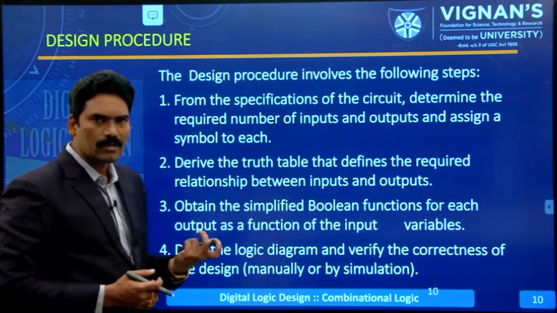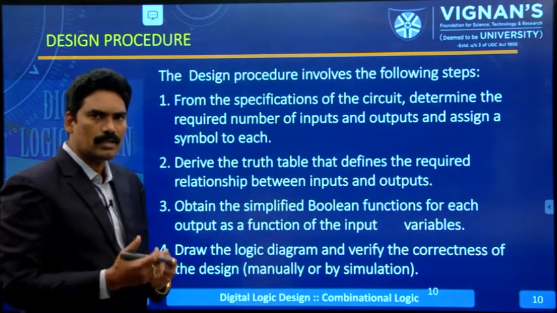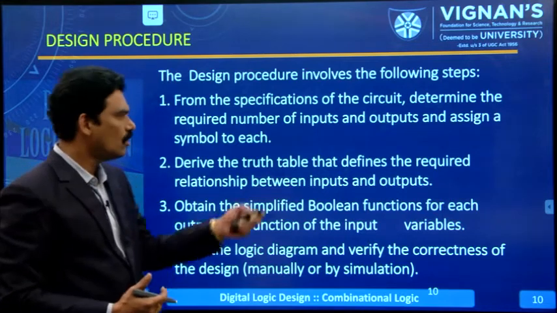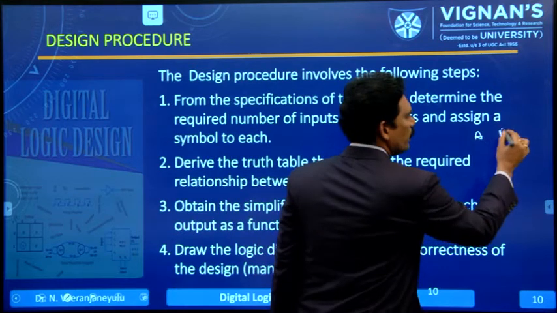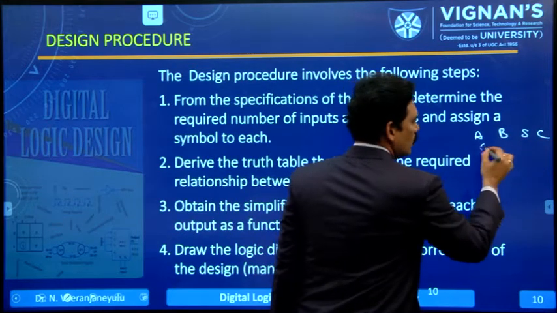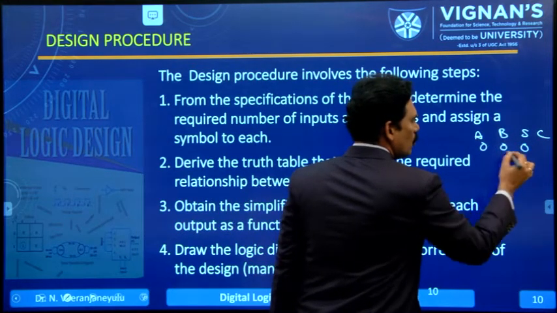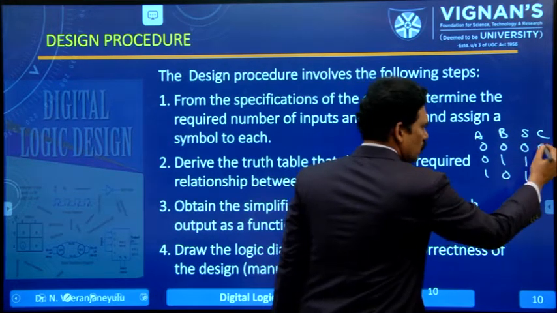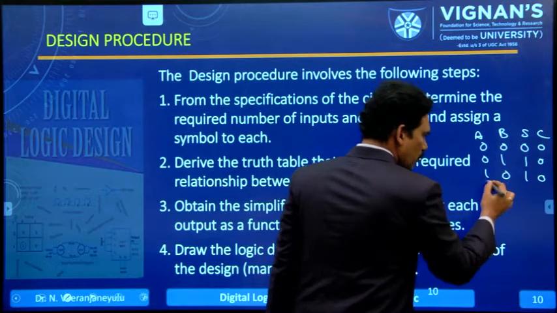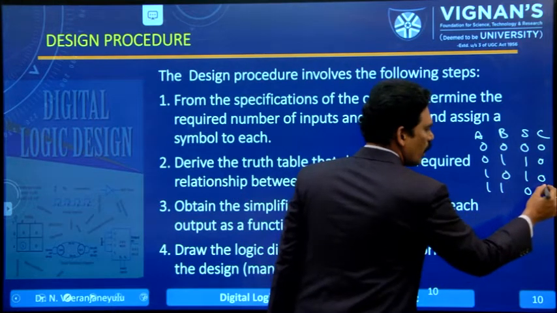For the half adder we have AB and SC: for 00, 01, 10 the carry is 0, and for 11 the sum is 0 and carry is 1.